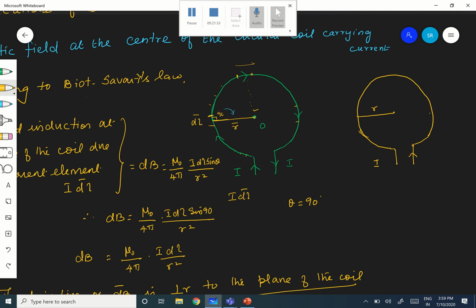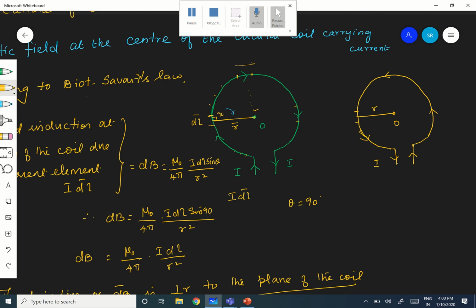So what do you say about the field at O? The magnitude will be the same, mu naught I by 2R, but the direction, if you take dL here and apply the right hand rule, the magnetic field at O will be perpendicular to the plane of the board and outwards.